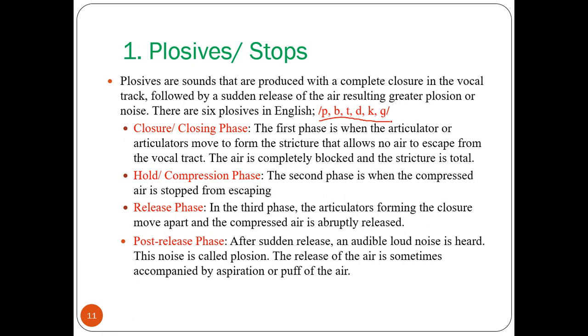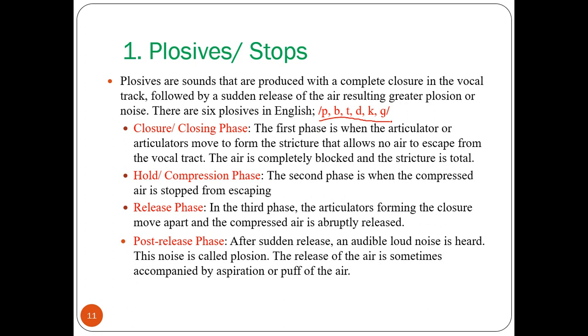The first pair is p and b. The second pair is t and d. And the third pair is k and g. So 3 pairs. Keep this in mind: in the first pair, for example p and b, the place of articulation remains the same. Both of them are bilabials.